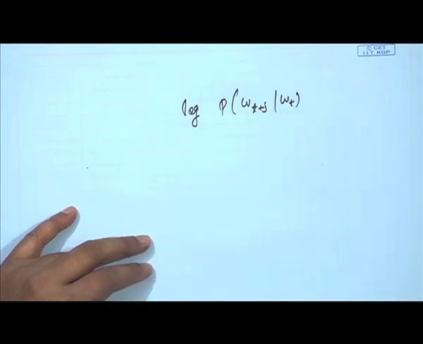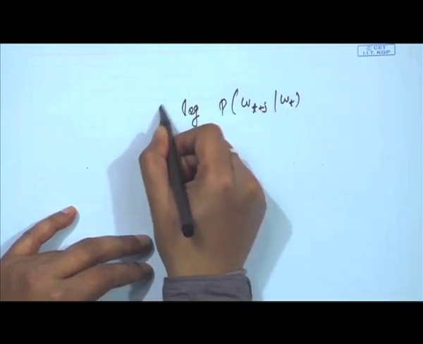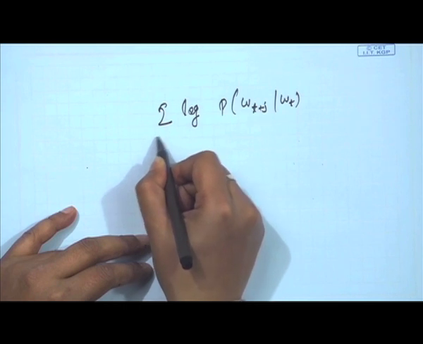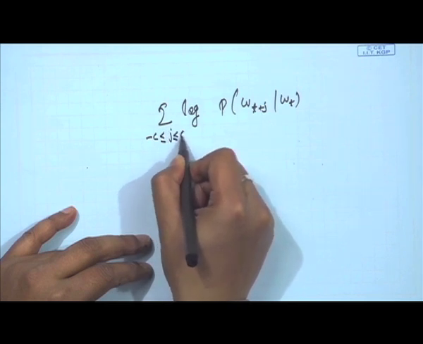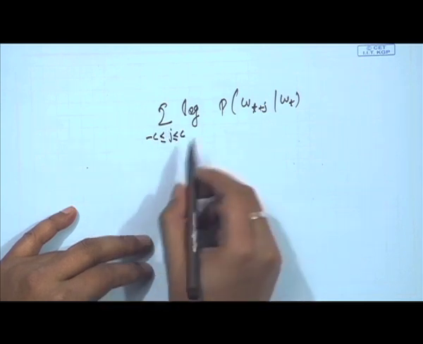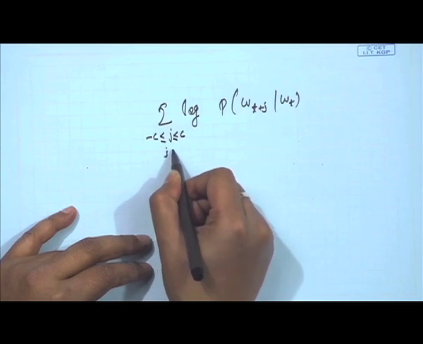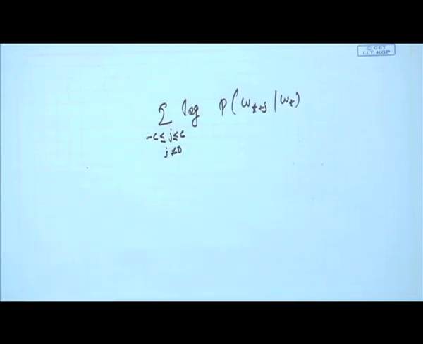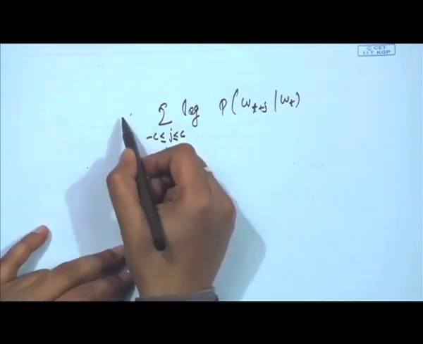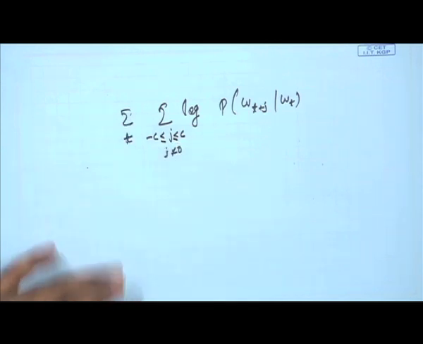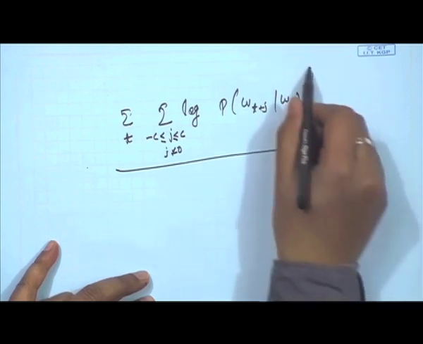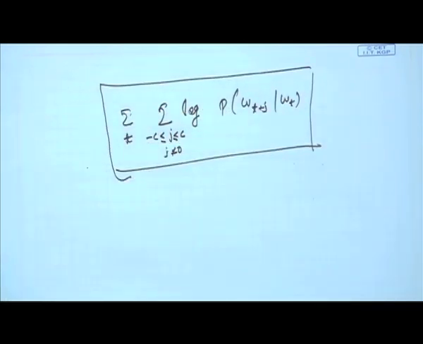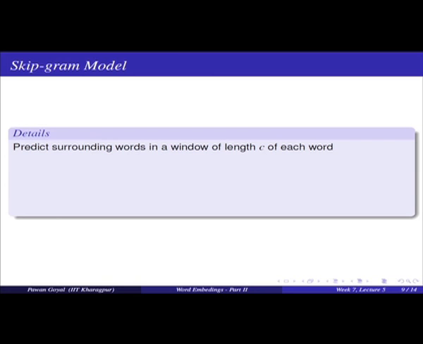So W t is the center word, and I am going from minus c less than or equal to j less than or equal to c, a window of size c around it, and j is not equal to 0. And this I can do for all possible center words, and this becomes my training objective. Okay, so we will see that.